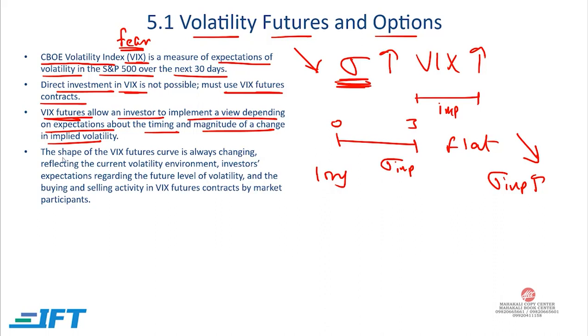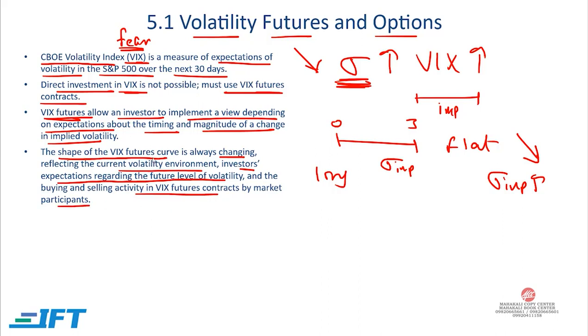The next point has to do with the shape of the VIX futures curve. This shape is always changing and it reflects the current volatility environment, investors' expectations regarding the future level of volatility, and the buying and selling activity in VIX futures contracts by market participants.